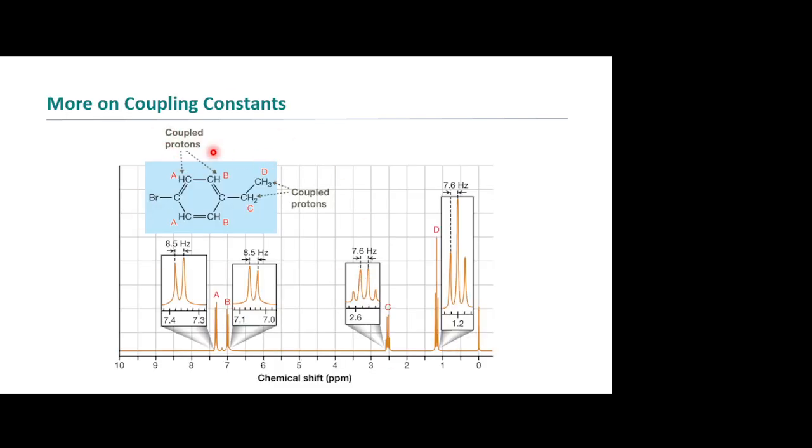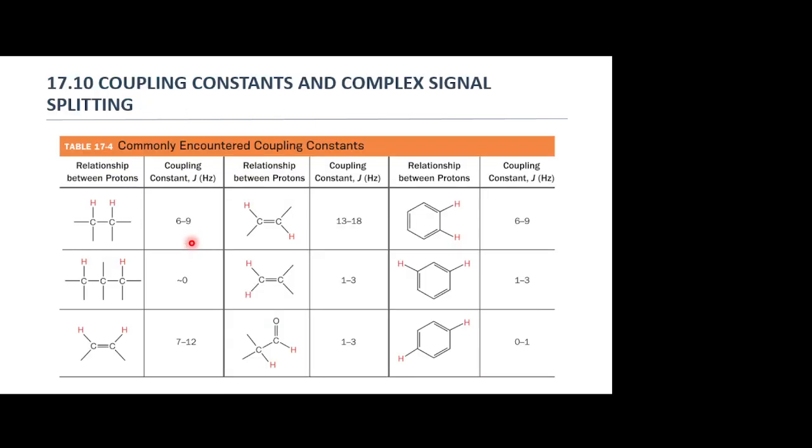So here we have some coupled protons right here. These are the ABs. So that's these two right here. See those? And so we have one next to it, and that caused us to have a doublet, doesn't it? And then if we measured the difference between these, we'd see that they're about 8.5 hertz. And so that would give further evidence that we're somewhere on an aromatic, right?